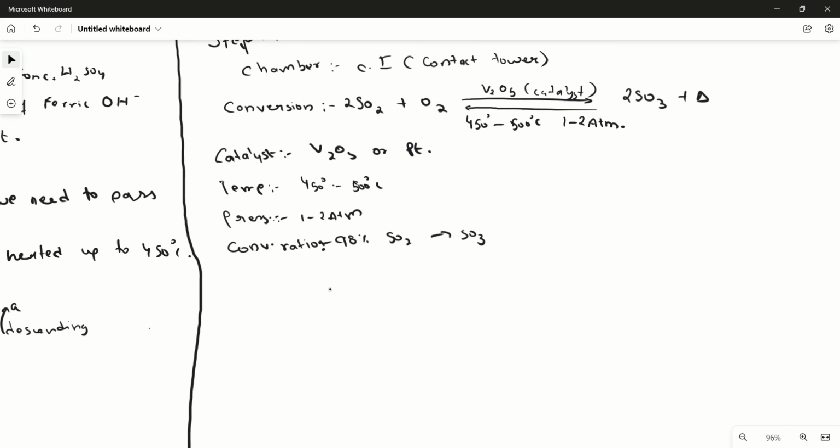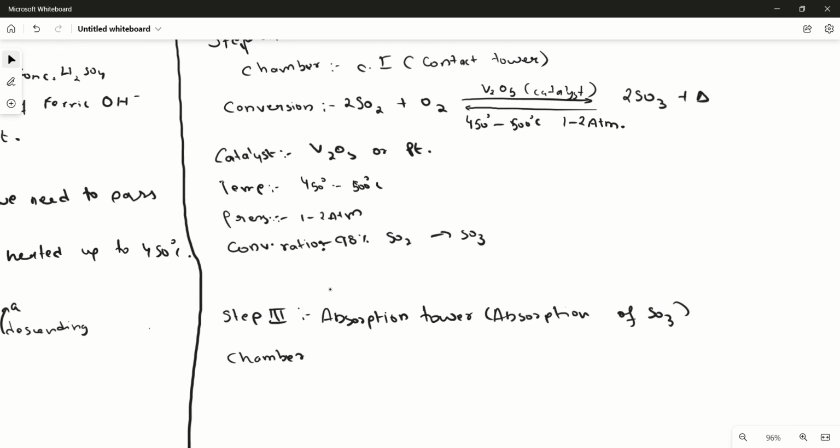Okay, then we have step 3, the production of oleum, or the absorption tower. Absorption of the sulfur trioxide. So the chamber is chamber J, the absorption tower. Now the actual conversion.